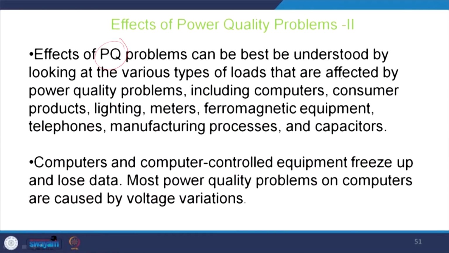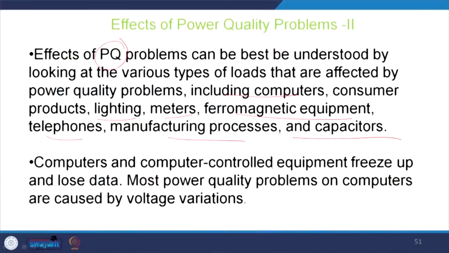The effect of power quality problems can be best understood by looking at the various types of loads that are affected by power quality complaints, including computers, consumer products, lighting, meters, ferromagnetic equipment, telephones, manufacturing processes and capacitors. All are affected by poor power quality problems.